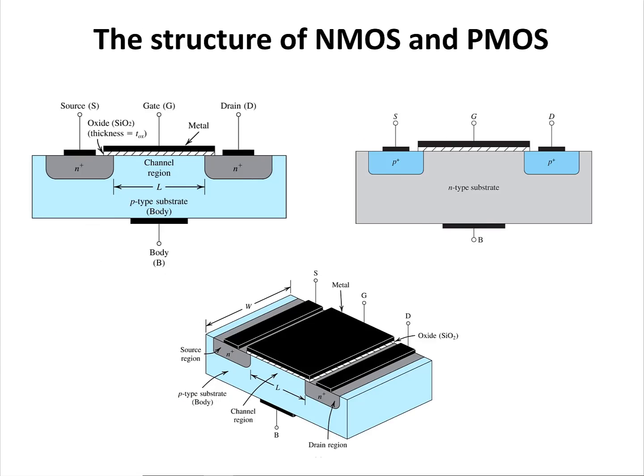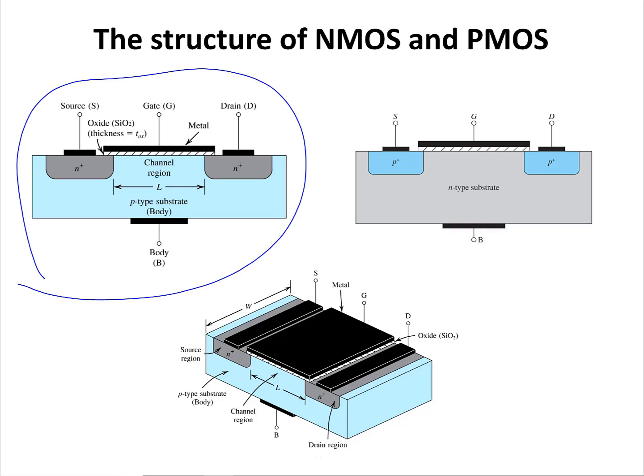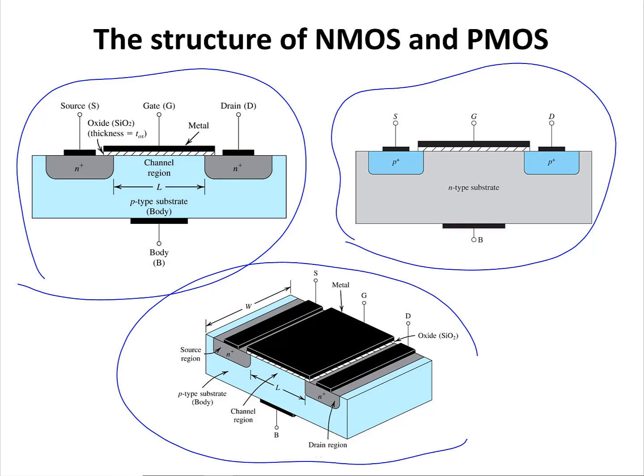Here are the cross-sections of NMOS and PMOS transistors, as well as a 3D picture of an NMOS transistor. So this is our NMOS and this is our PMOS transistor, and this is the 3D picture of an NMOS transistor.